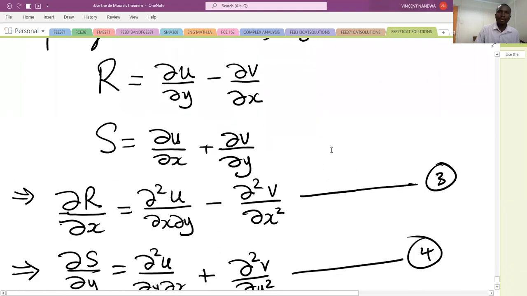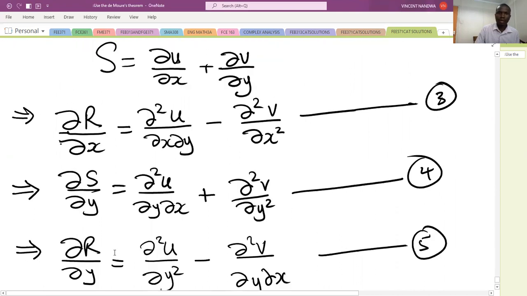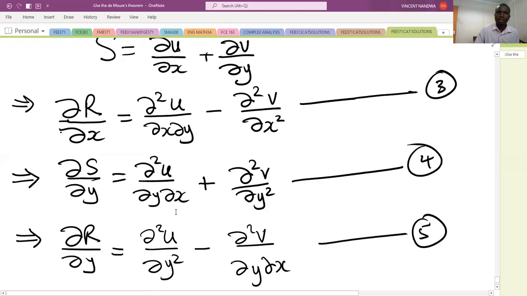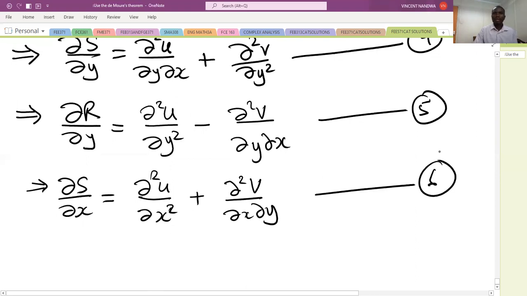And then ∂S/∂x will be given by ∂²u/∂x² + ∂²v/∂x∂y. Let's call this one equation 6.